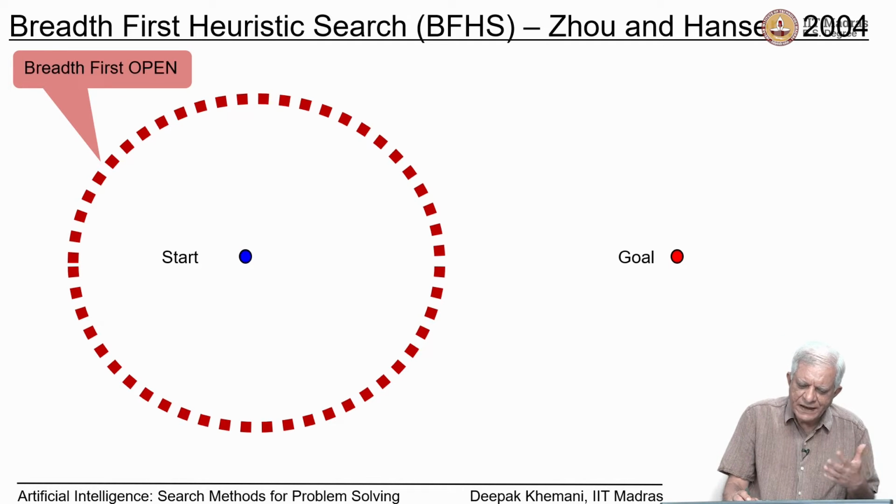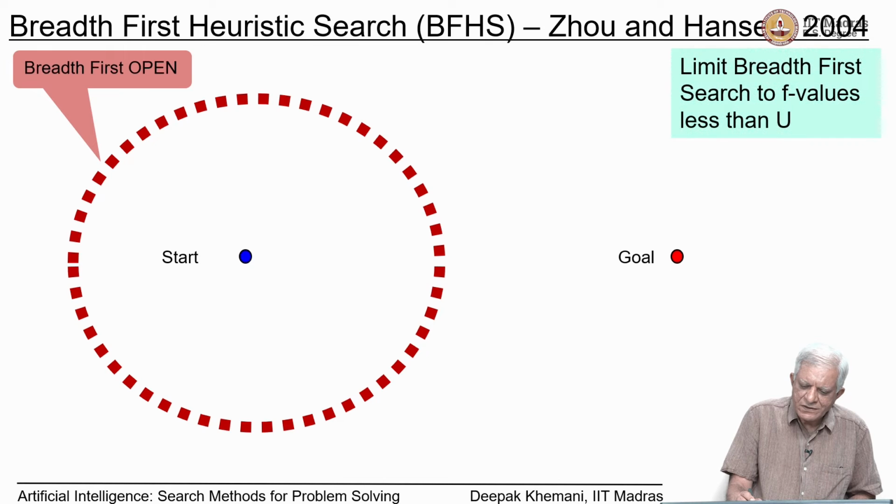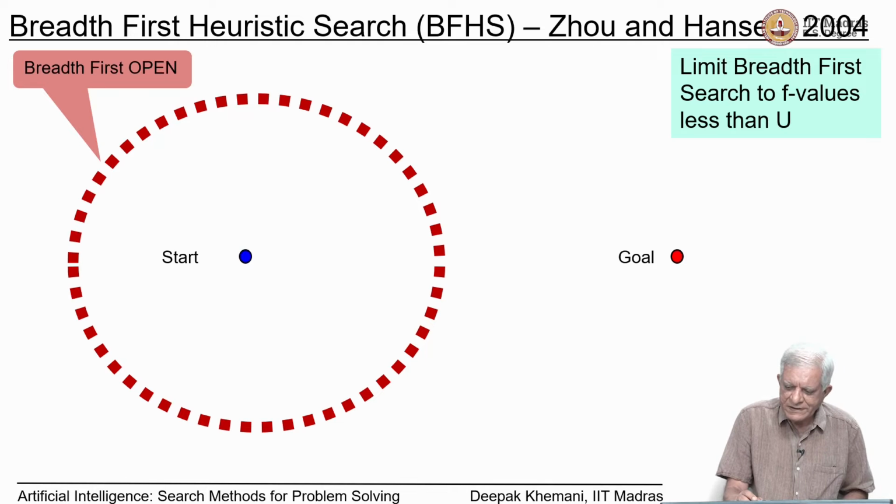Breadth first search was blind, and its open is not influenced by the goal at all essentially. What if we use breadth first search and use this upper bound to limit which nodes in the breadth first open we will search essentially. So, limit breadth first search to f values less than u.